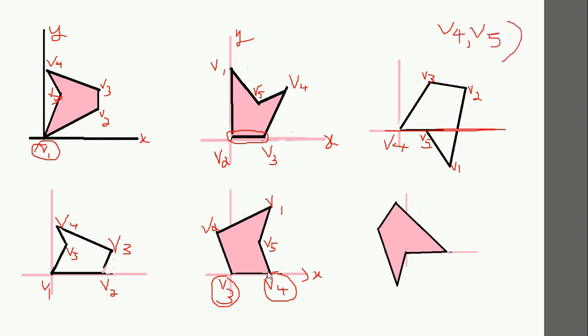Note that since v1 was lying below the x-axis, I am going to consider the edge v4, v5 for splitting. So you just extend the particular line, that is v4, v5, and split the concave polygon.